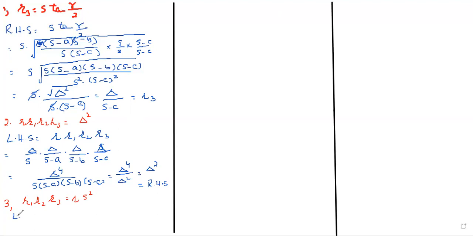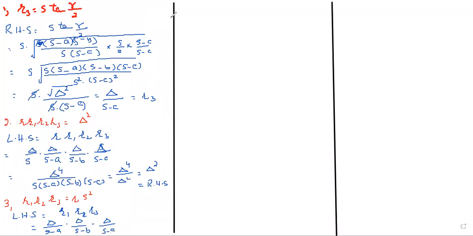We keep in mind the right-hand side as well, so this is delta over S. So the left-hand side is R, R1, R2 and R3, which equals delta over S, delta over S minus A, delta over S minus B, and delta over S minus C.